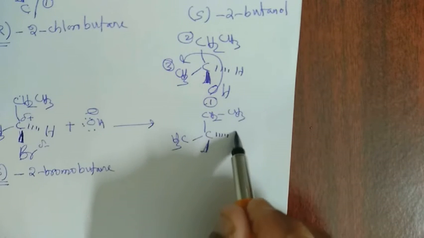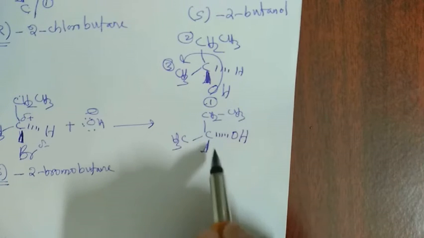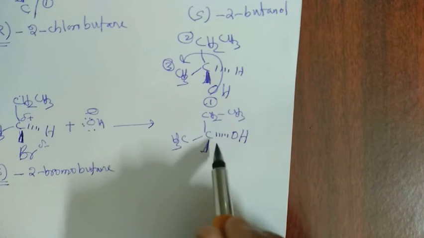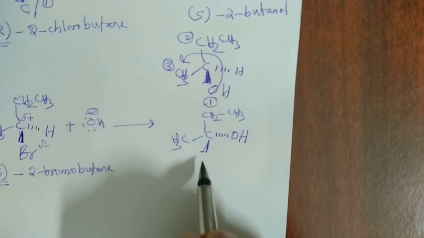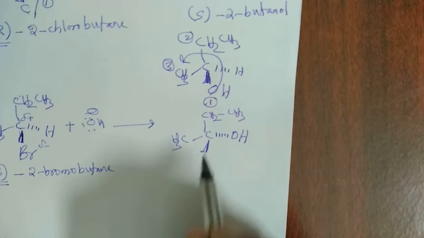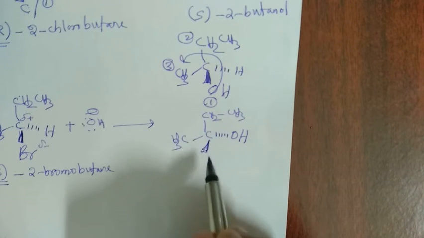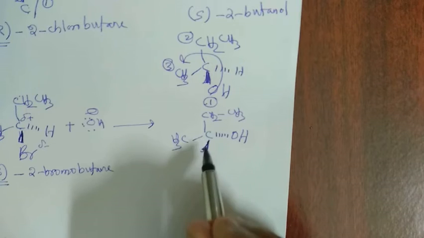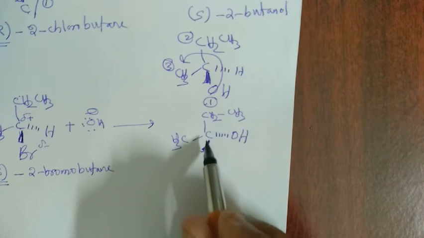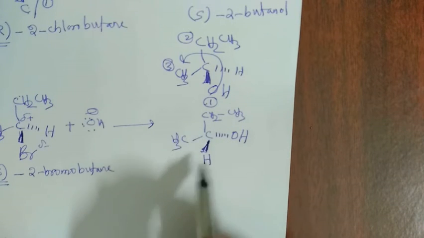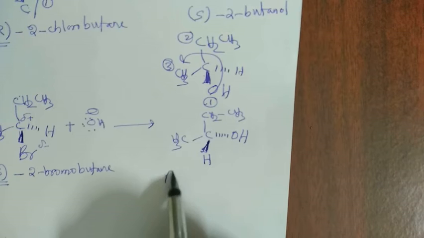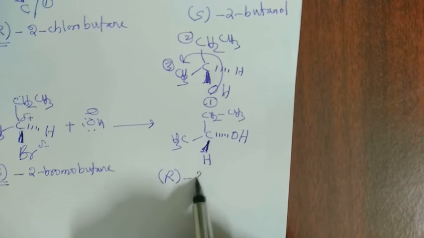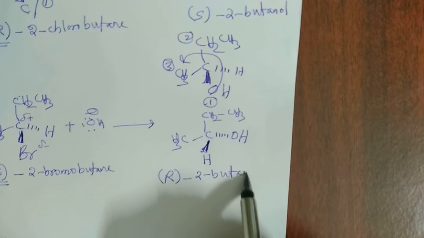So the position of OH in the product will be at the rear side, or it is pointing away from the observer. So this bond corresponds to hydrogen atom, that is, the hydrogen atom is pointing towards the observer. Its configuration is R. It is the R isomer of 2-butanol.